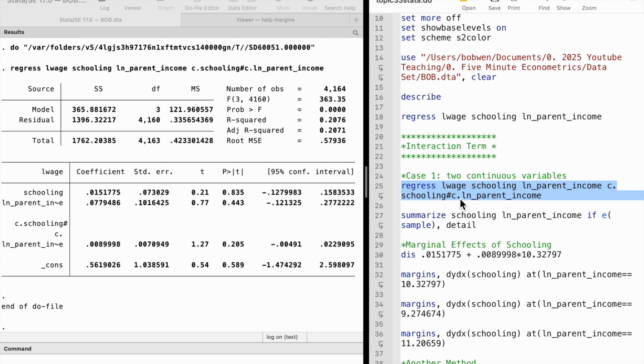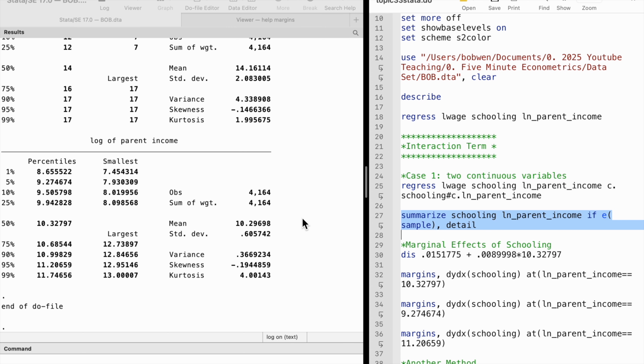To determine how the marginal effect of schooling on wages changes with parents' income, we first find out the percentiles of the log parents' income. The median, or 50th percentile, is 10.3. The 5th percentile is 9.27, and the 95th percentile is 11.21.